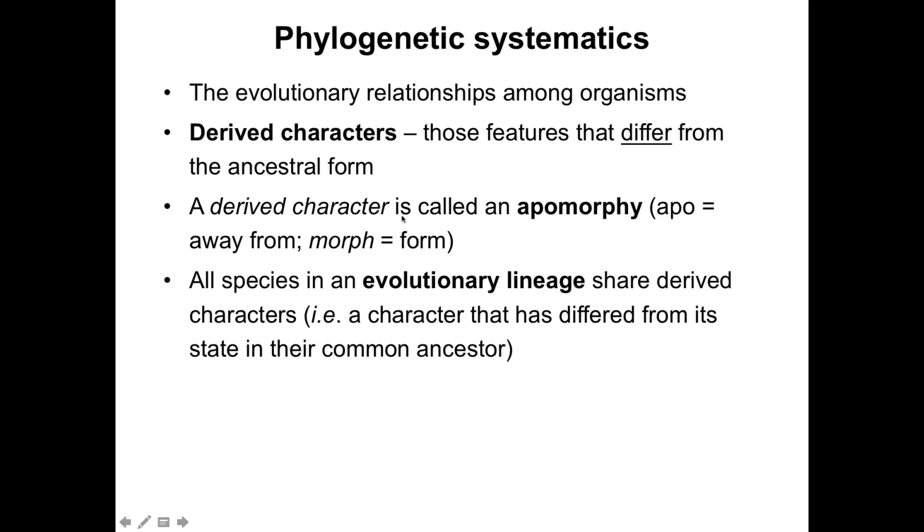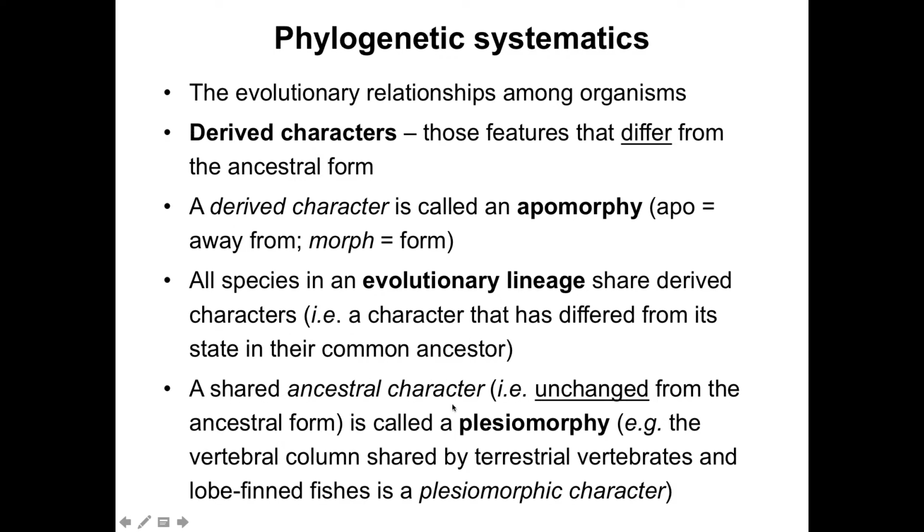So a derived character is called an apomorphy. And all species within a single evolutionary lineage share derived characters. That is, they all share characters that differ in their state from the common ancestor. And that's why they're in that evolutionary lineage.